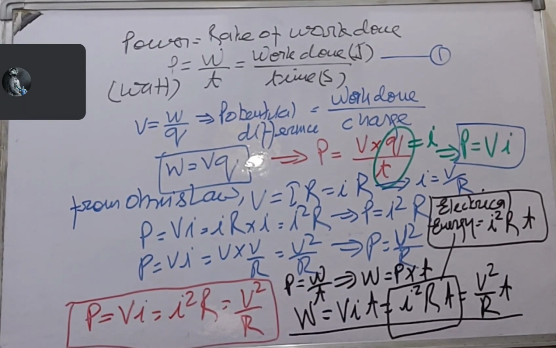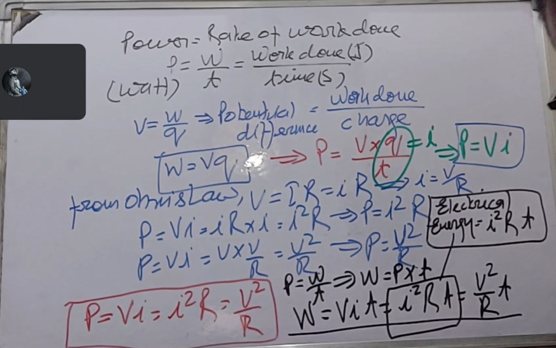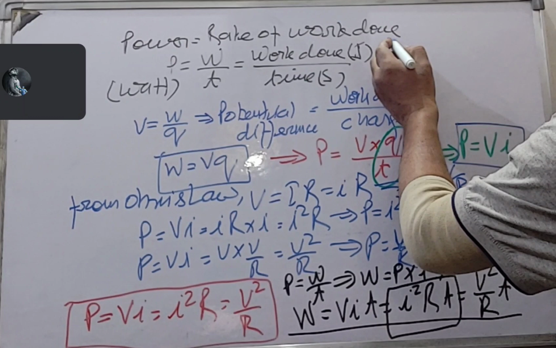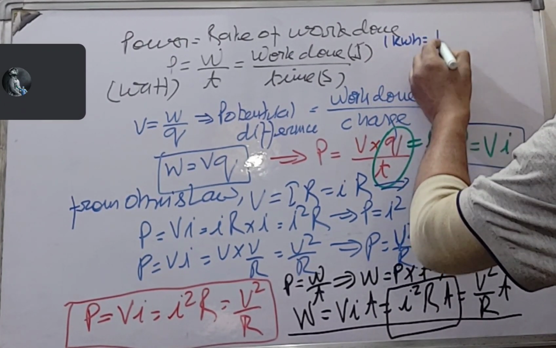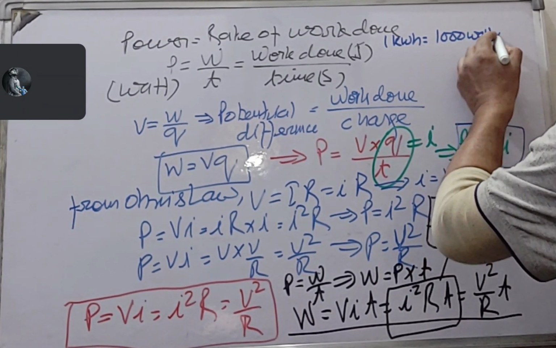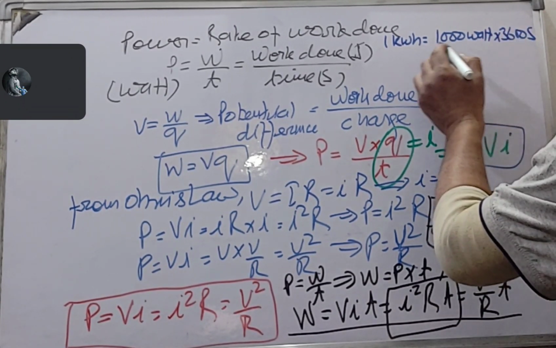And we know that 1 kilowatt hour is equal to 1000 watt into 3600 seconds, right?